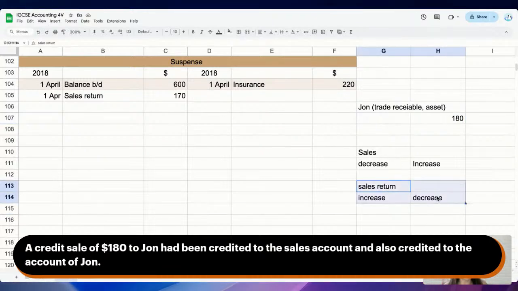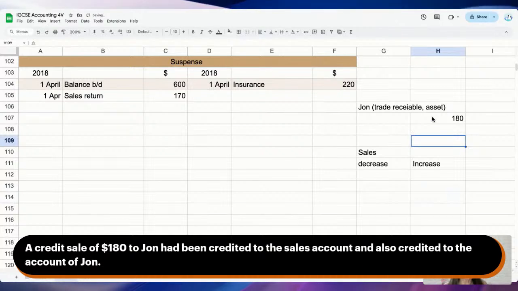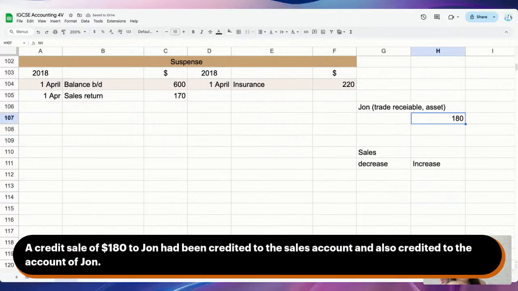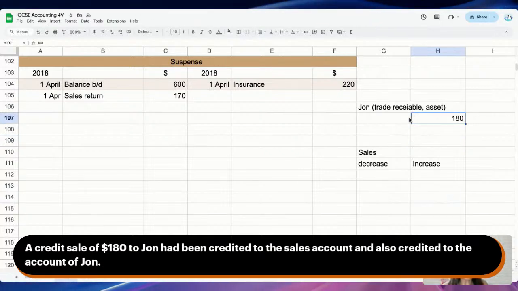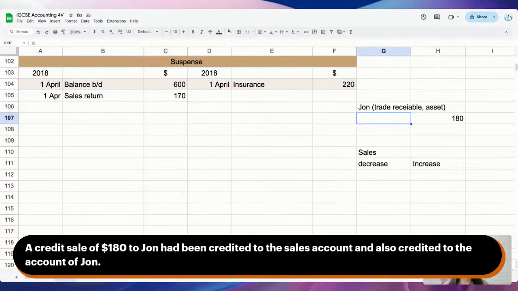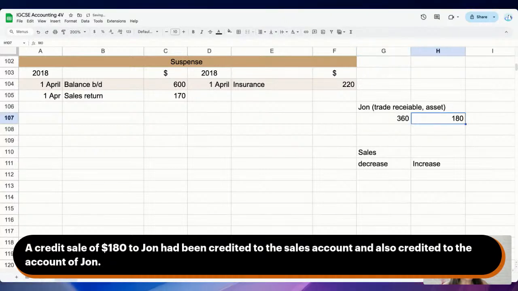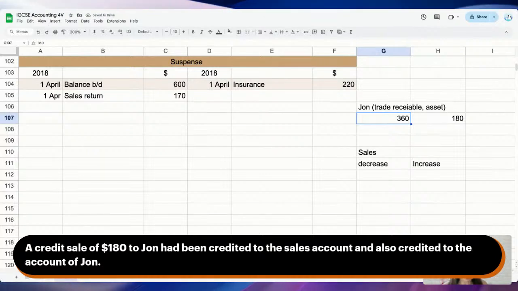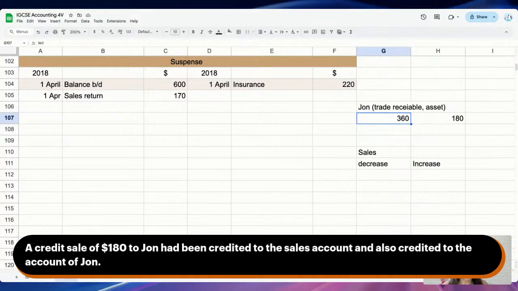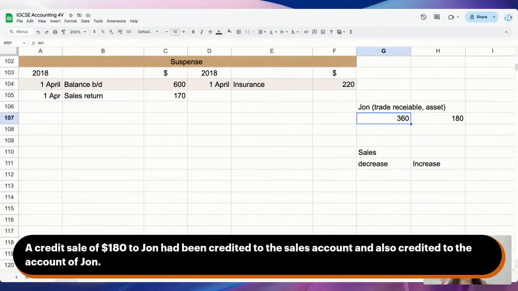I delete this one so there's no confusion. It's 180, and it's wrong. So in order to make it correct, I need to double up. I need to double to 360, which is double 180. Understand? I need to debit 360 so that the balance of John's account in the T account will be 180, which is the correct amount.